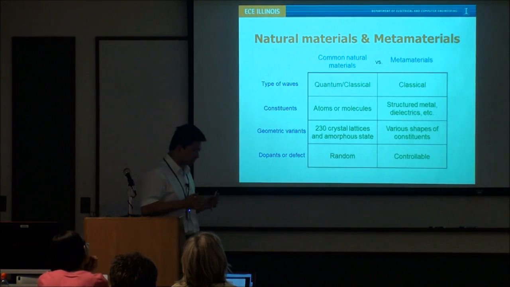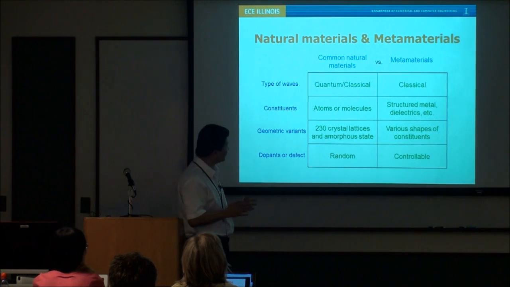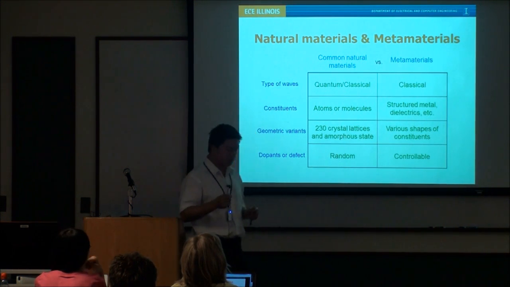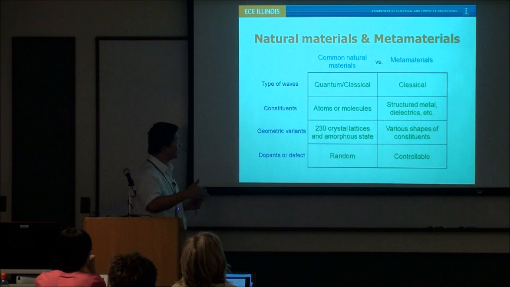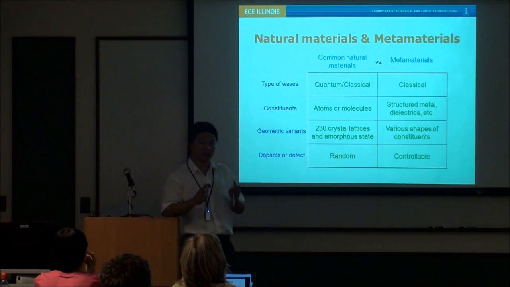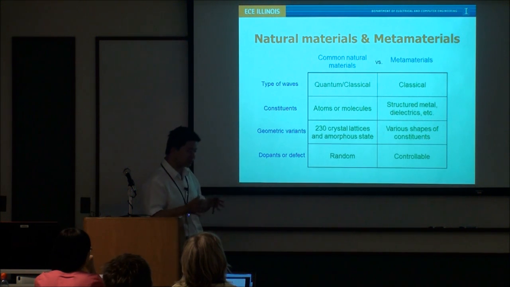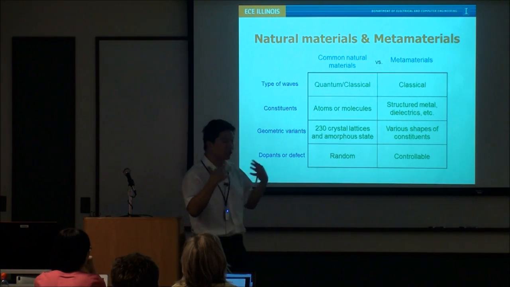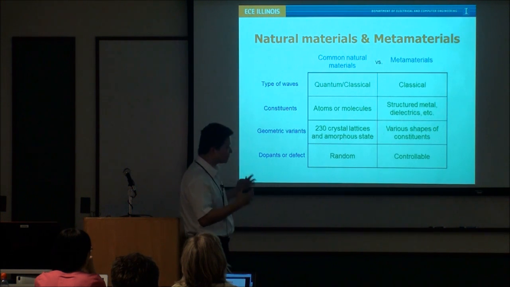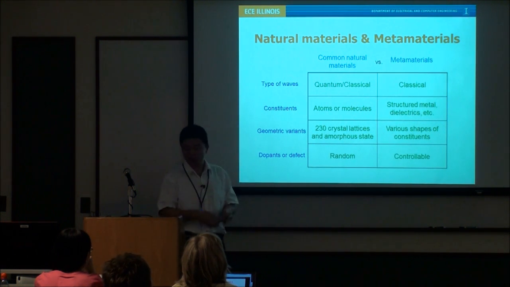Especially in the recent 5 years, people have started looking at how to extend this plasmonic concept to make composites of metal and dielectric material, making them into metamaterials, and how to use that to realize functions that you can never realize using natural materials.